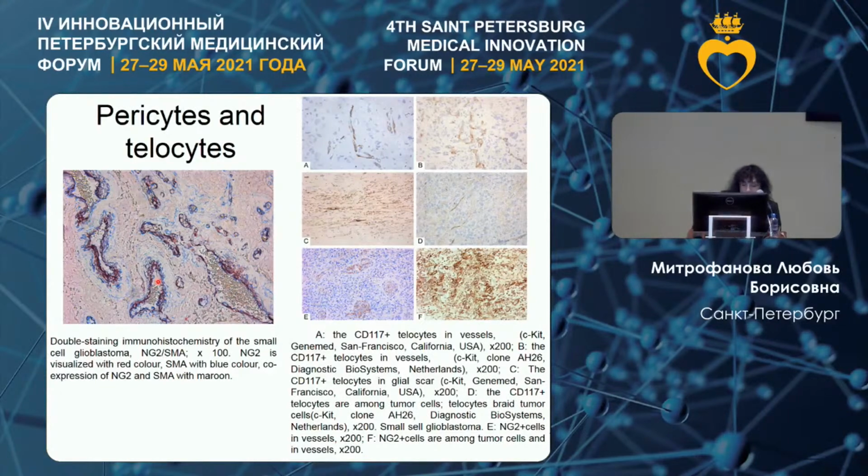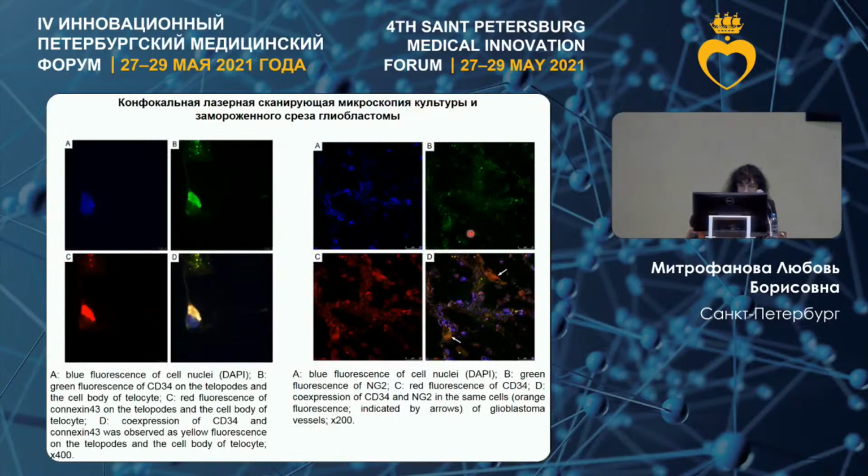We use this marker to show, with double histoimmune coloring, that telocytes, glioblastocytes are pericytes actually, but telocytes are in vessels, in glial scar and in other cells, even in between cells.